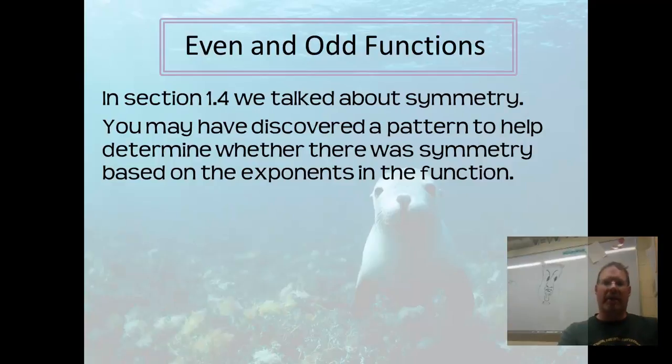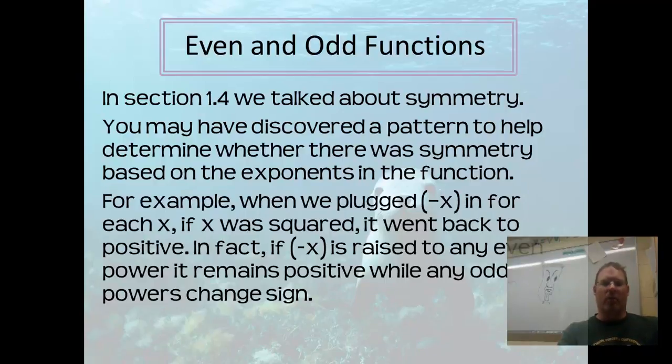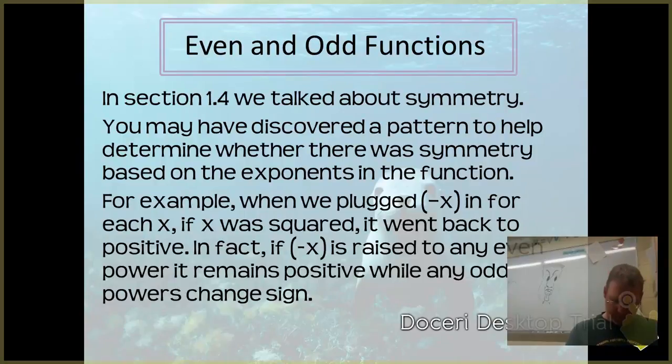Now those are a couple of things that you may have noticed when you went through those problems before. You may have discovered a pattern to help you determine whether there was symmetry based on the exponents in the function. Okay? Because whenever we plugged a negative x in, if x was squared, it went back to being positive. So when we took a negative x and we squared it, it was back to being positive. On the other hand, if the negative x went into an x with an odd exponent, then it changed the sign.